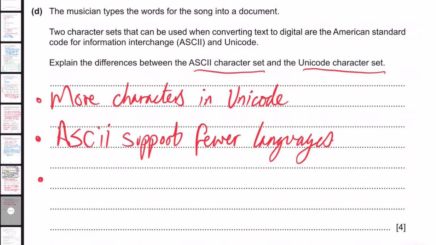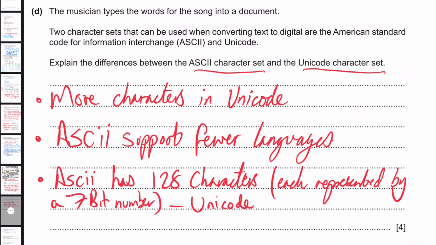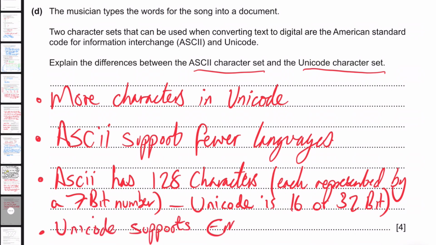ASCII has 128 characters, each represented by a 7-bit number. Unicode is 16 or 32-bit. So as you can see, there are a lot more characters. Unicode supports emojis. Anything else? I think that's it. Unicode supports emojis. ASCII is 128 characters.